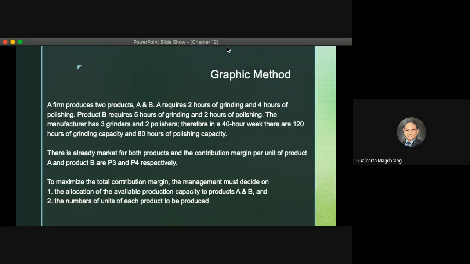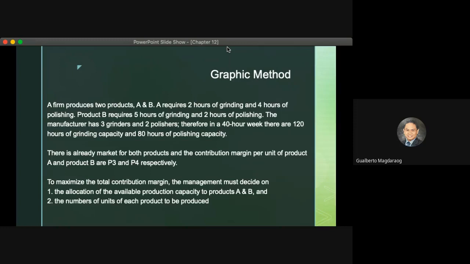How did we get yung 120? Since 3 yung grinders niya, 40 hours ang isa, so meron siyang available hours of 120 hours. Yun namang polishers niya, since dalawa, at 40 hours ang isang linggo, kaya 80 hours ang available sa polishers niya.